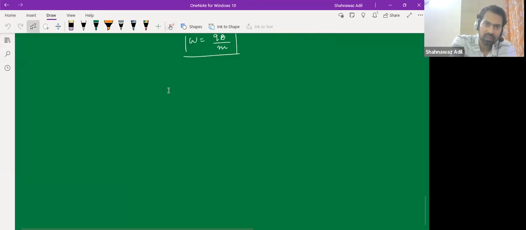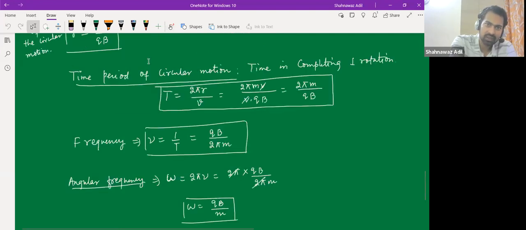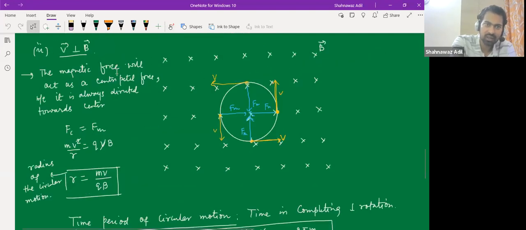Okay, so we understood that whenever the velocity of the charge is perpendicular to the magnetic field, then the charge will follow a circular trajectory. It will follow a circular path.